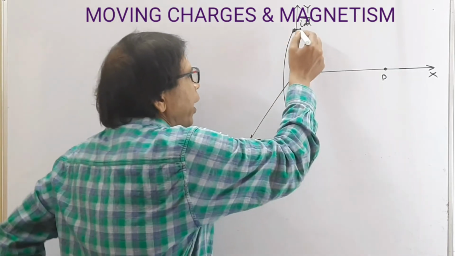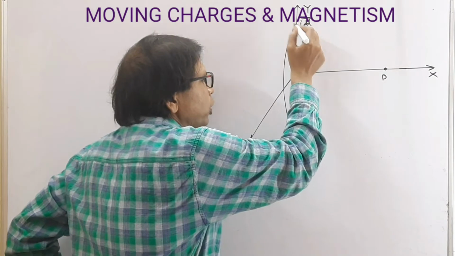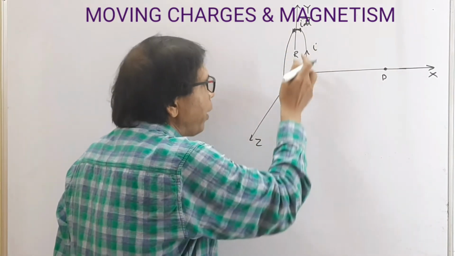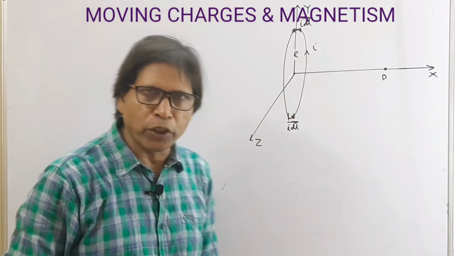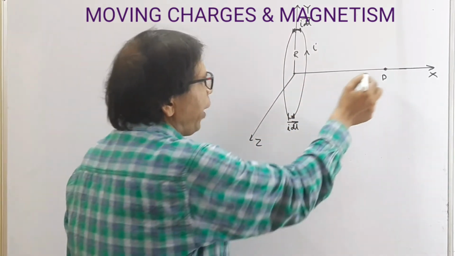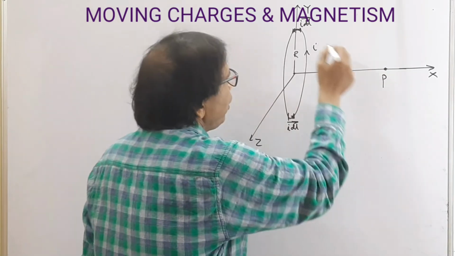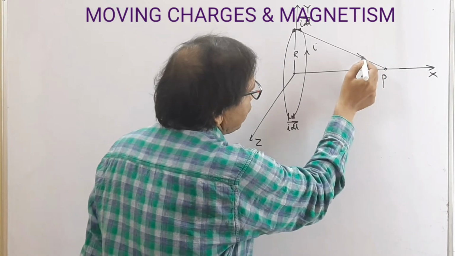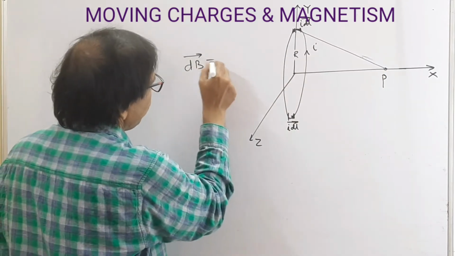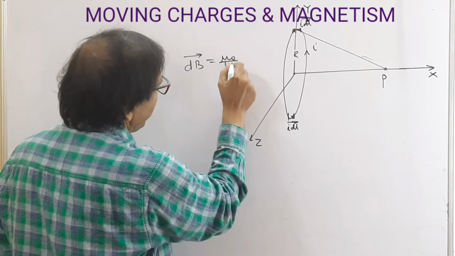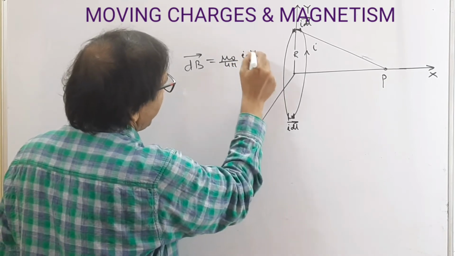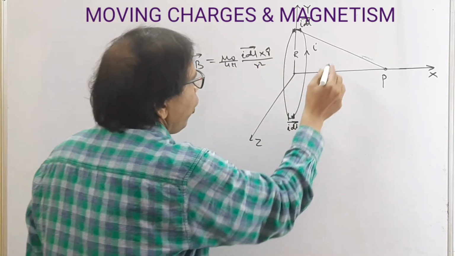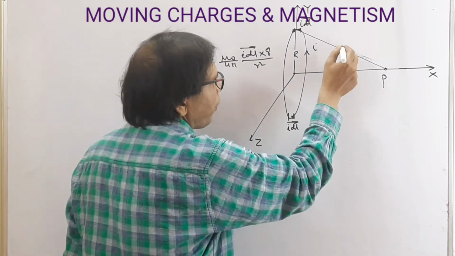Now consider a current element Idl vector at this point and another Idl vector at the diametrically opposite point. Now look at this, the magnetic field at the point P due to this current element Idl vector is dB vector equal to mu naught by 4 pi, Idl vector cross r cap divided by r square, where this is the r vector.